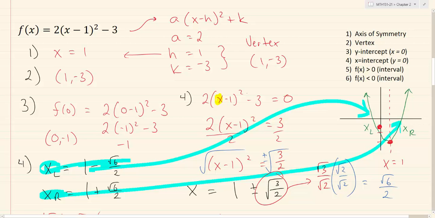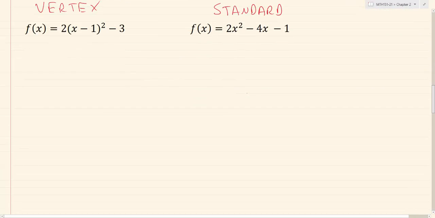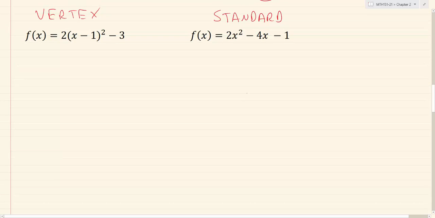And so, how do you go from one format to another? Here's vertex format and standard format. So let's say that you are given a problem that's in vertex format and you hate vertex format and you want to convert it into standard format. What do you do? Well, you just take your function and you simplify it.